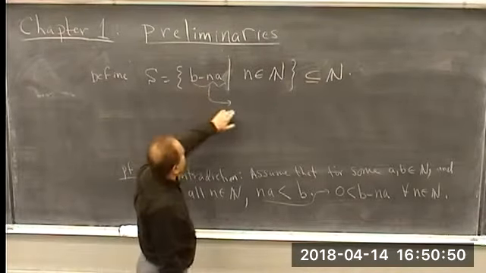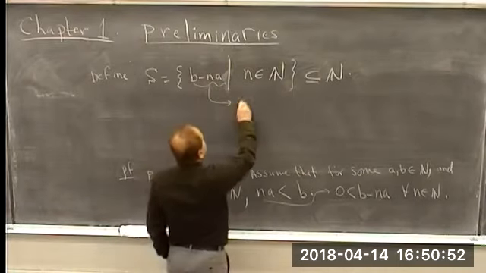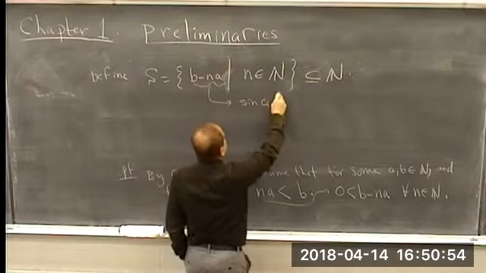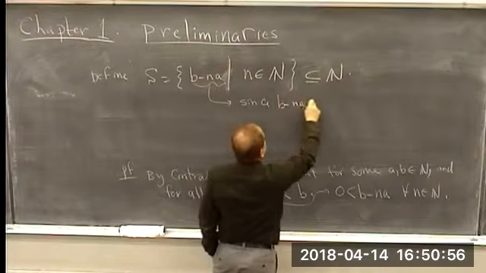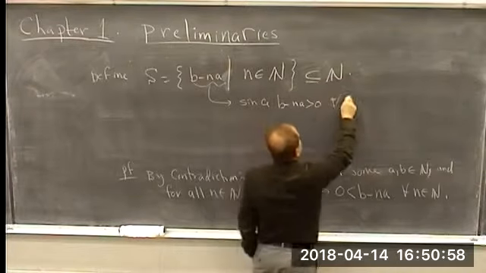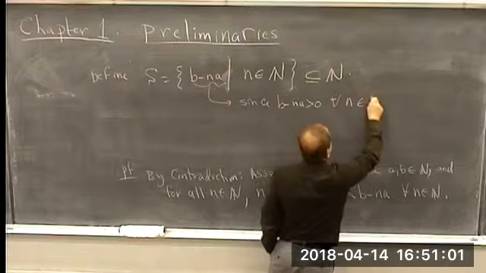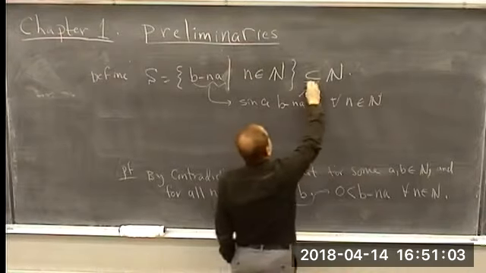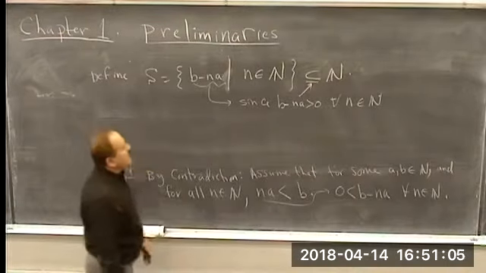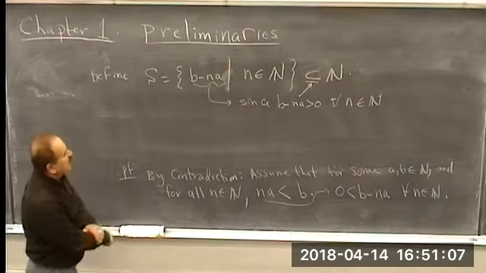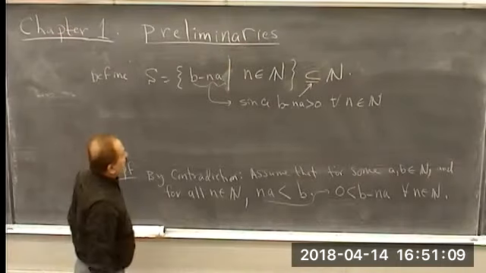But we know that since B minus nA is bigger than 0 for every n in N, yes, this becomes a subset of the natural numbers. All right?